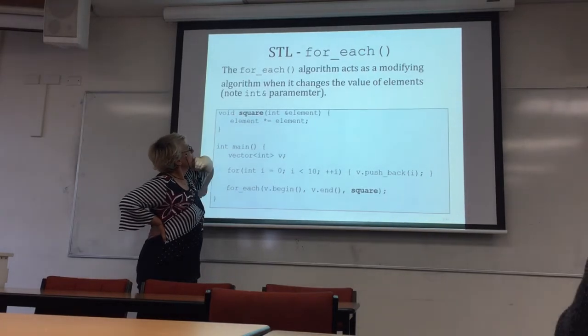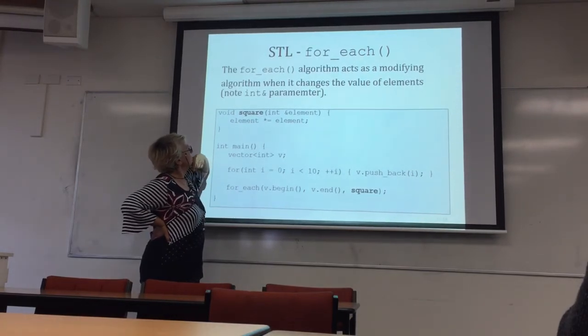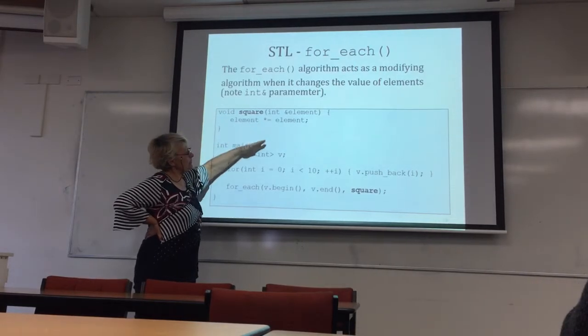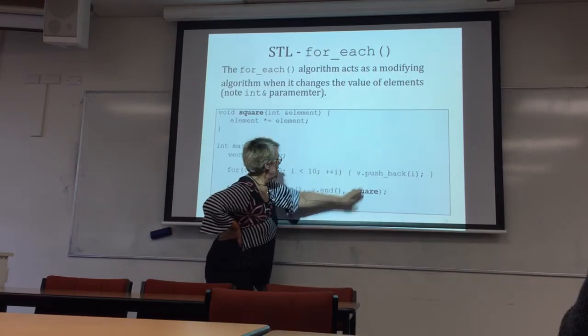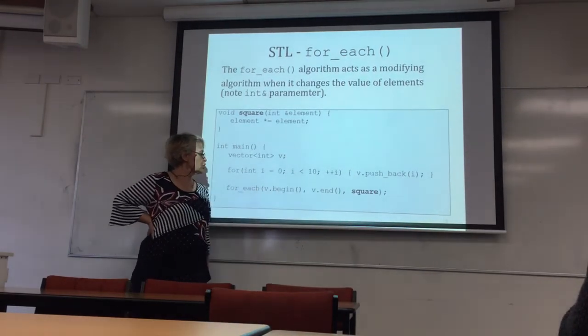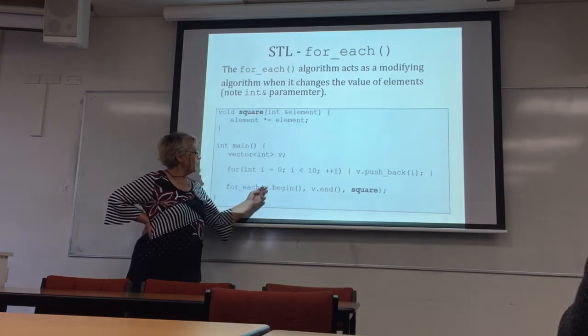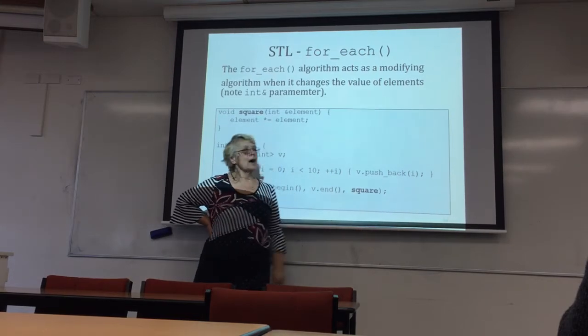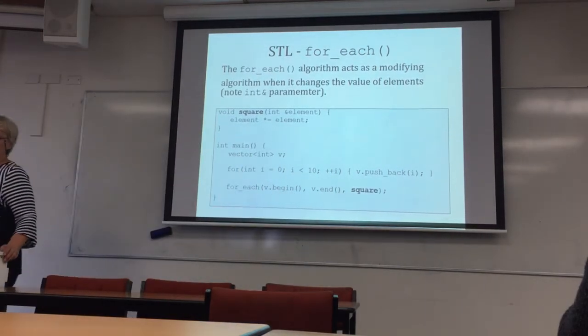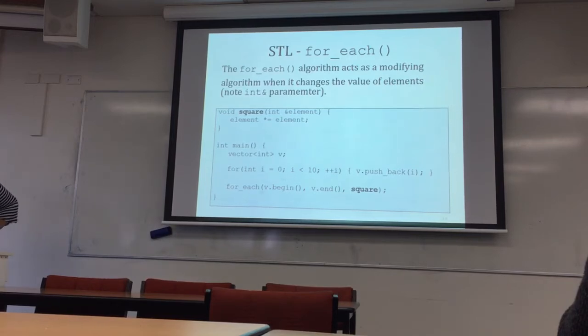Okay? So what we do, we compute the square of its argument. And now we have something like before, a vector constructed, and with this for each, we have the elements from this to this applied the function we have seen, and then if we display after this the vector v, we get 0 square, 0, 1, 4, and so on and so forth.